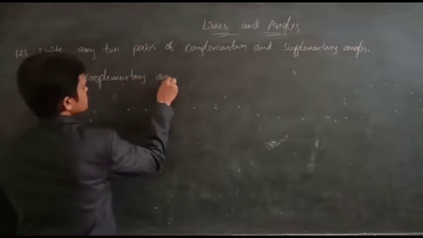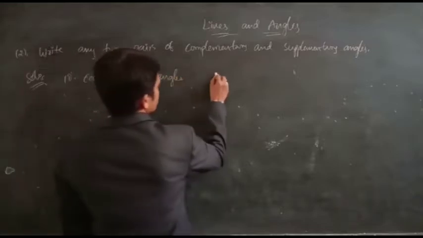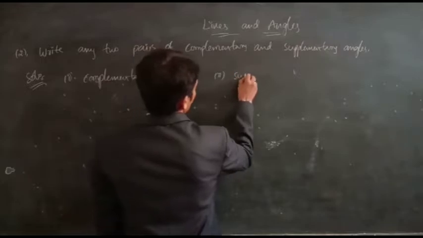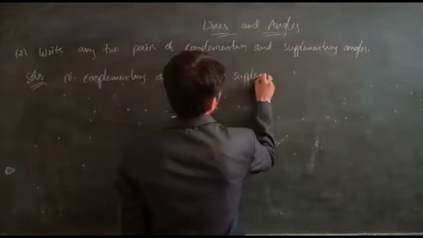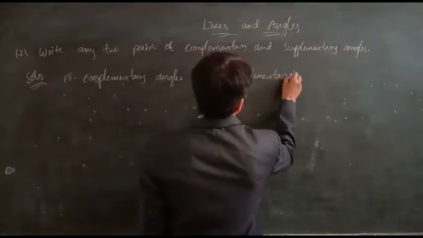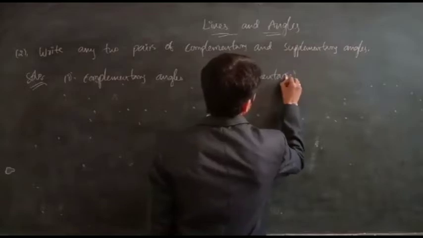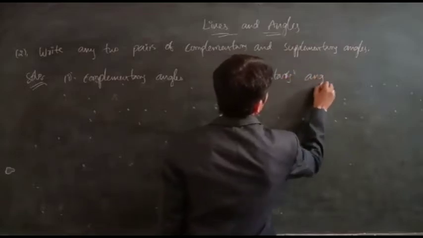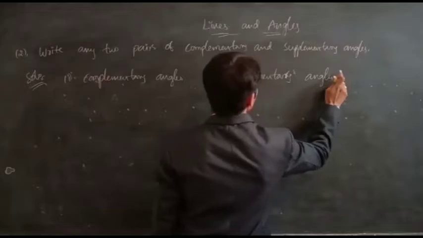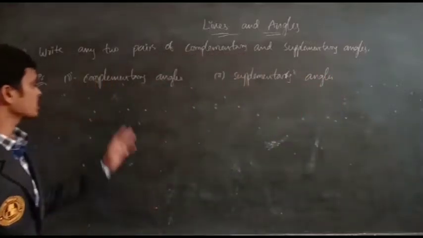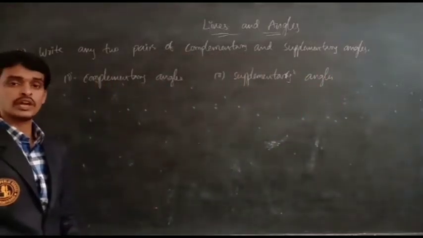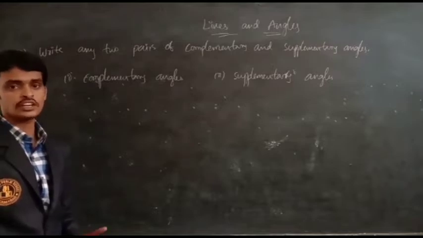Complementary angles: the sum of two angles is equal to 90 degrees.